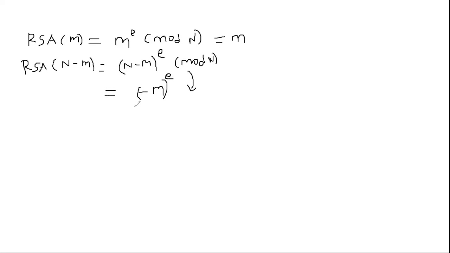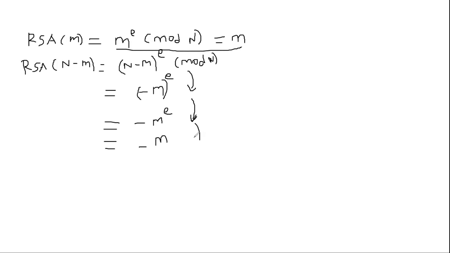E is an odd number in RSA, therefore the minus can be taken out as minus m power e, again in mod n. But we learned that m power e mod n is nothing but m. That means we are left with minus m in mod n.